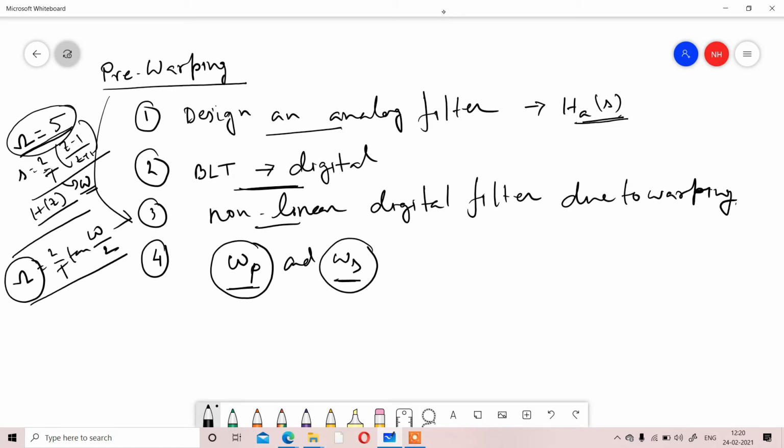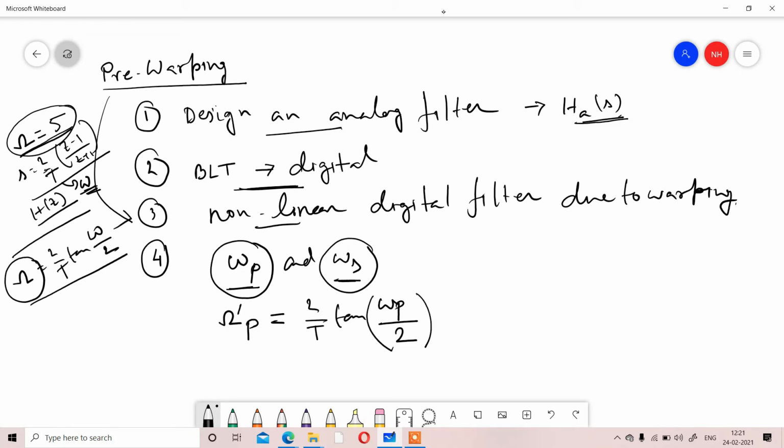Now, from that digital omega, you will get again the analog omega. If you calculate the analog omega from that digital omega, that will not be the same. Keep in mind, that will not be the same. That analog omega will be, suppose omega p, that is the passband frequency, 2 by T tan omega p by 2. Clear?